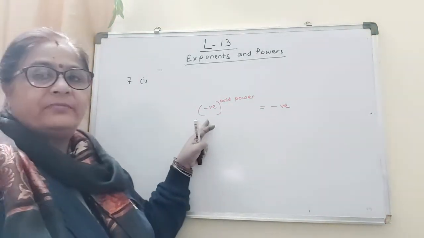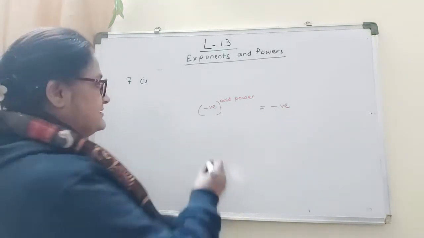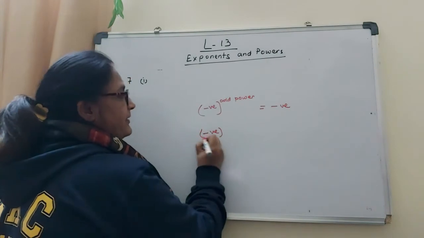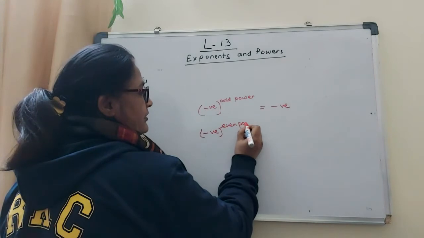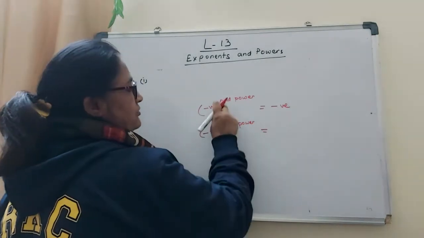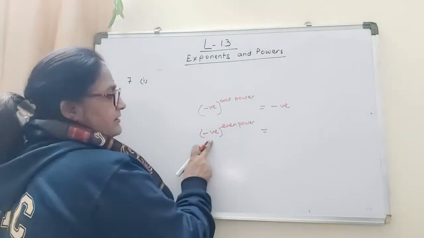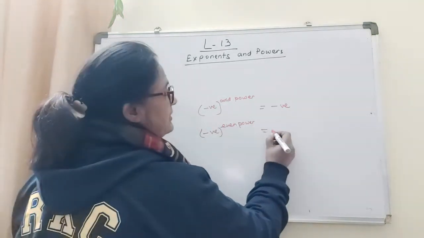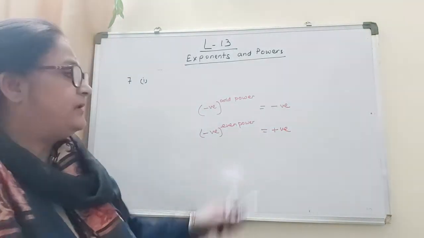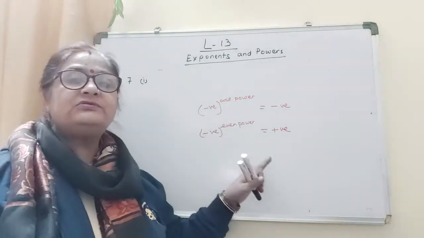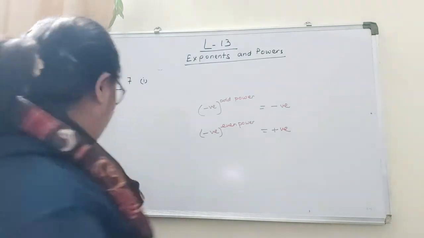A negative number raised to an odd power will give you a negative answer. If a negative number is raised to an even power, then the answer will be positive. Now, related to this concept, you are going to solve sum number 7.